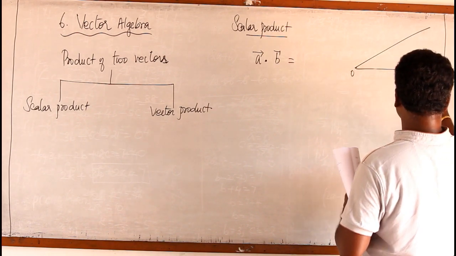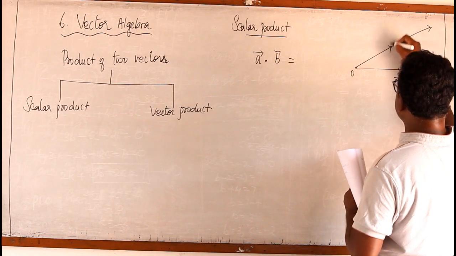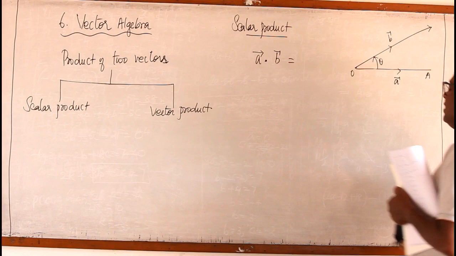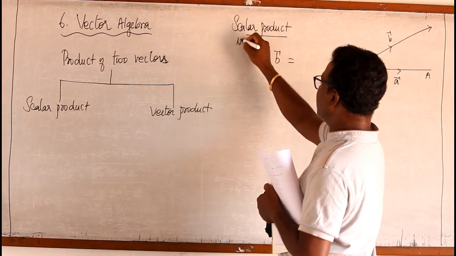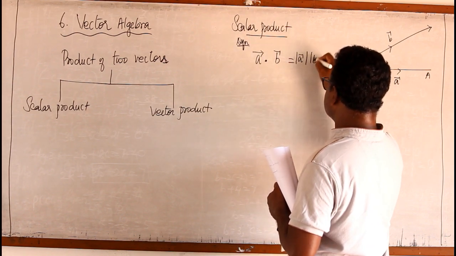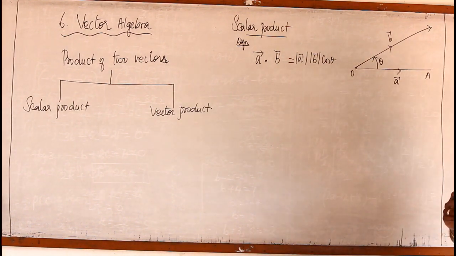Suppose OA is the vector A and OB is another vector B, and theta is the angle made by A vector with B vector. Then A dot B is defined as modulus of A, modulus of B into cos theta. So this is the definition of scalar product.